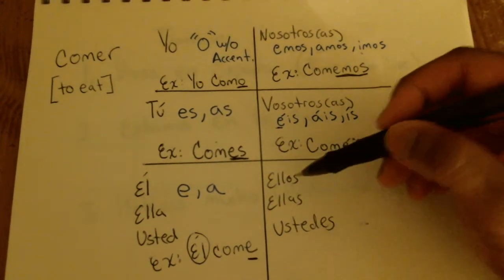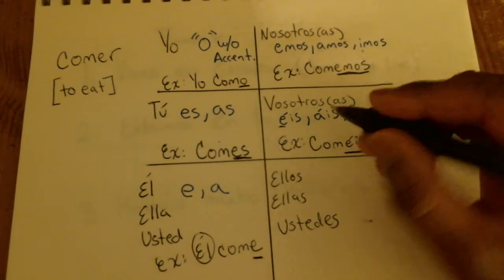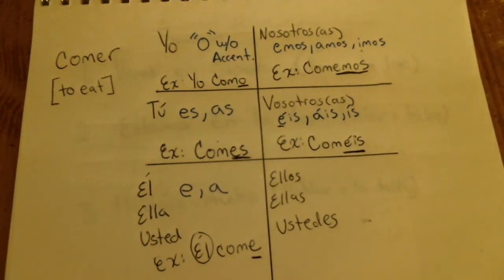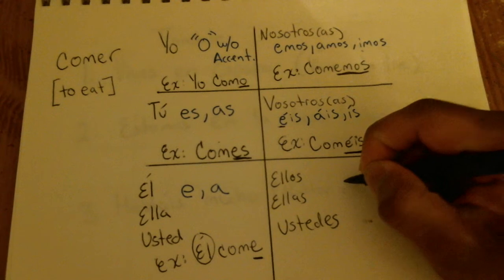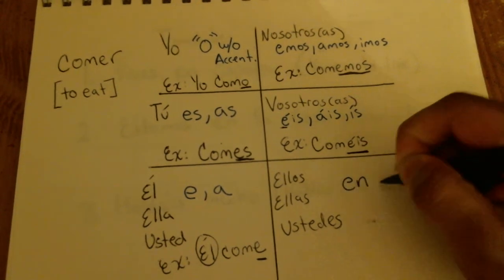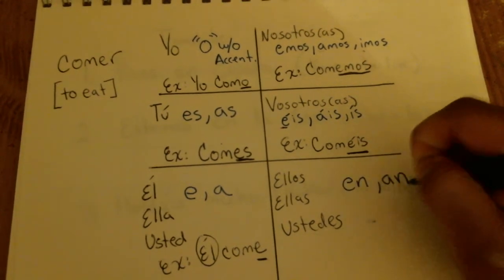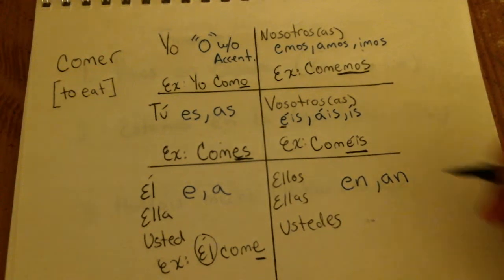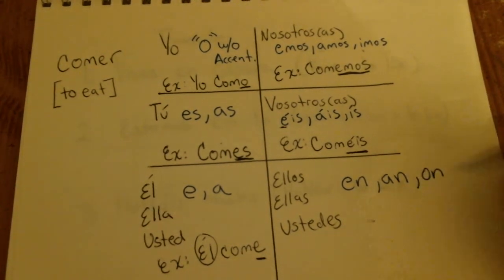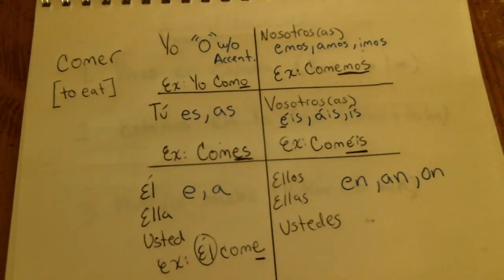And finally, we get to ellos, ellas, and ustedes. Typically, these will end in an or en. Or if you're in the past tense, on. Okay? But like I said, we'll get to that in a later lesson, but it's really good to know from now because it will make learning the past tense even easier. Okay?